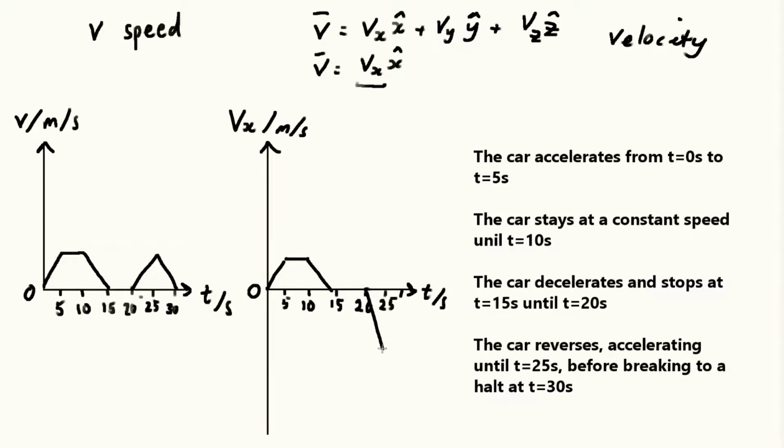This is quite a steep acceleration, it seems. Then, after t equals 25 seconds until 30 seconds, the car will decelerate and brake until the velocity is 0 at 30 seconds, which means the velocity is going to trend to 0 meters per second, meaning we can draw a line back to vx equals 0.